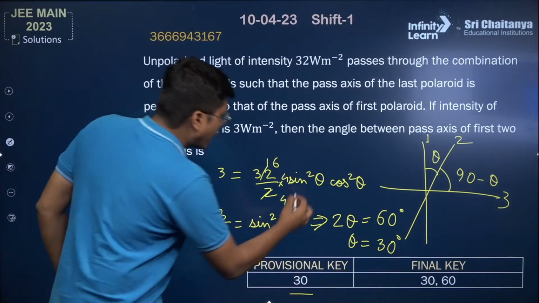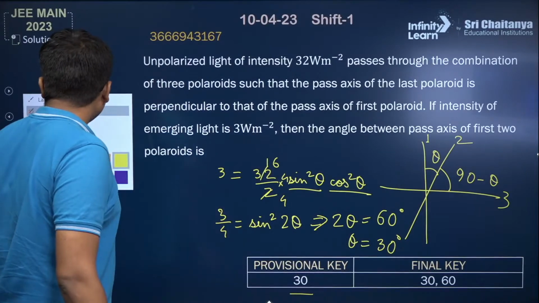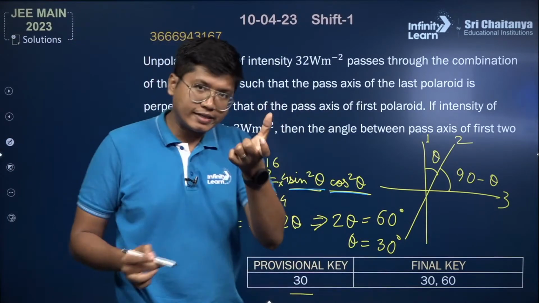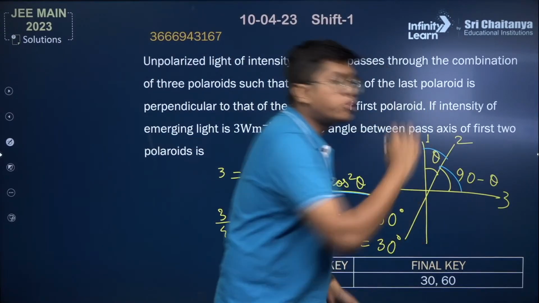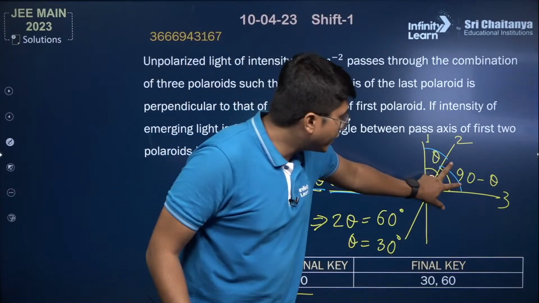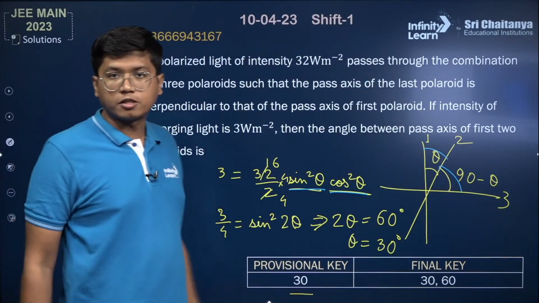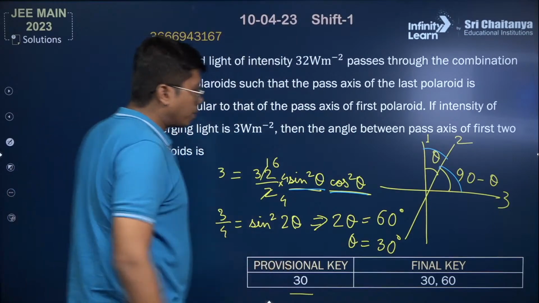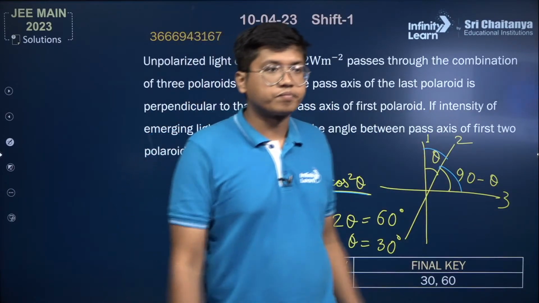The reason being you have sine square theta into cos square theta. That is why it doesn't really matter whether the 30 degree is made between 1 and 2 or it is made between 2 and 3. Even 30 degree could exist between 2 and 3 and you would still get this as 3 watt per meter square. So NTA has revised the answer from 30 to the overall possibility of both 30 and 60.